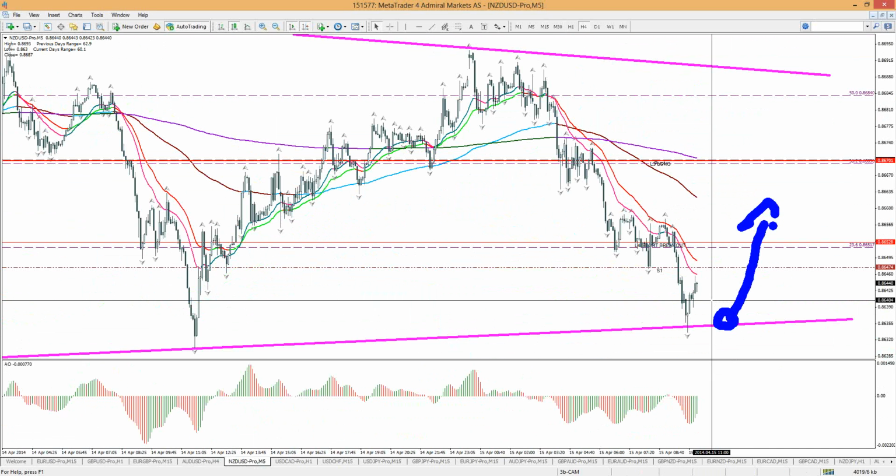Doesn't mean, though, that at these levels we can't see resistance kick in and reject this with the subsequent maybe break for that bigger correction. It could happen. So that's basically the dollar.